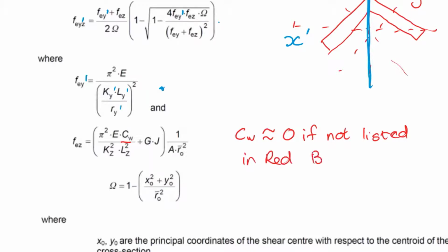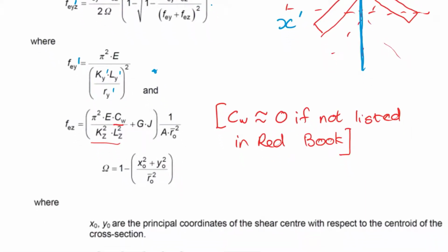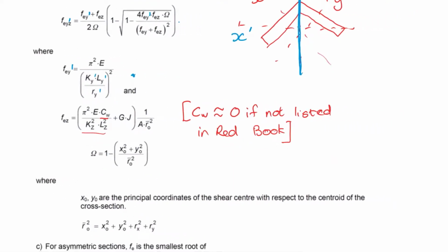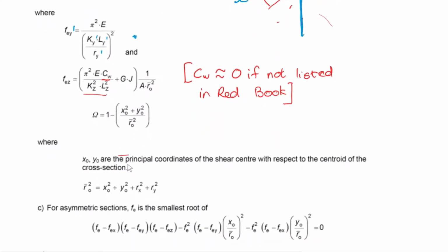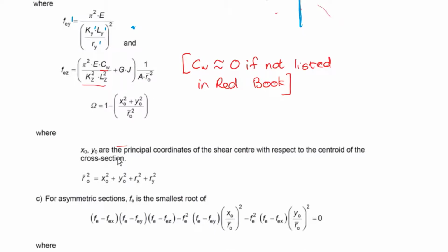Your CW is a warping value, a warping stiffness, and if there isn't one listed, take it as 0, and this whole first term just disappears, and that's fine. Okay, then the rest of these properties, omega and such, they account for where the shear center is relative to the centroid. And so you would use these equations that follow to start quantifying that and determining elastic buckling.